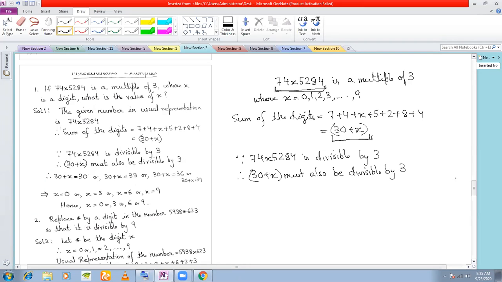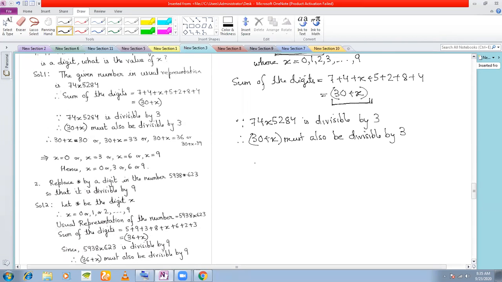Now what do you mean by 30 plus x is divisible by 3? If it is divisible by 3, then it can be 0 or 3 or 6, 9, 12, or 15 and so on.